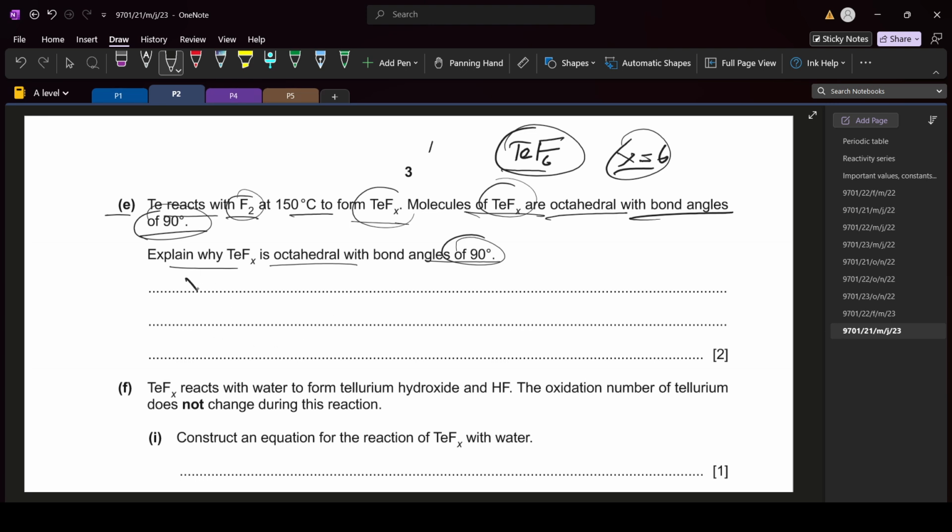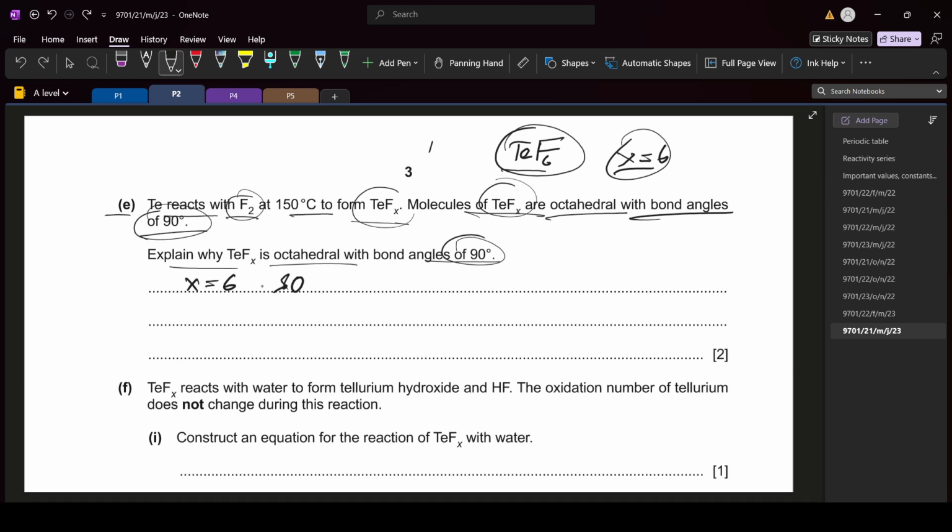Okay, so X is equal to 6, or you can also write that X is 6 electrons.